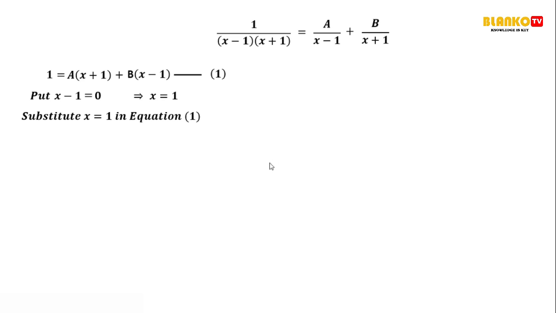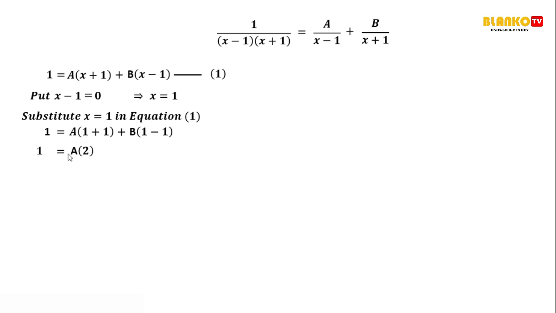So we have 1 equals A(1 + 1) plus B(1 − 1). A(1 + 1) gives us 2A, plus B multiplying 1 − 1, which is 0, so that term is 0.